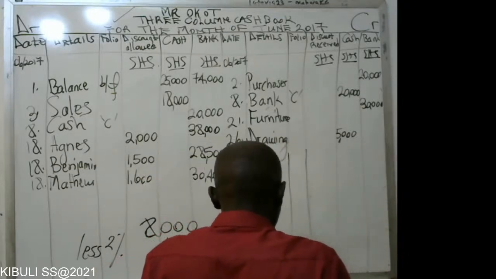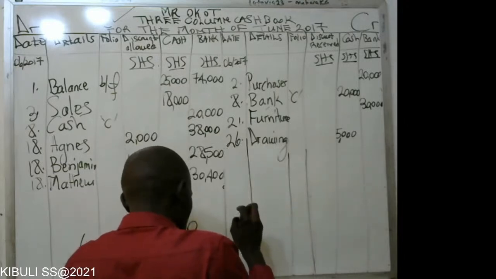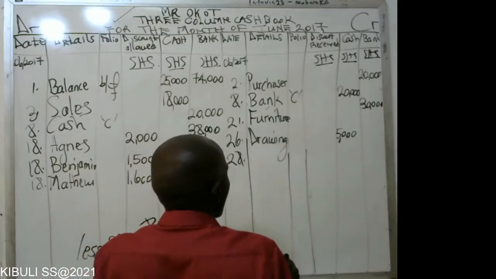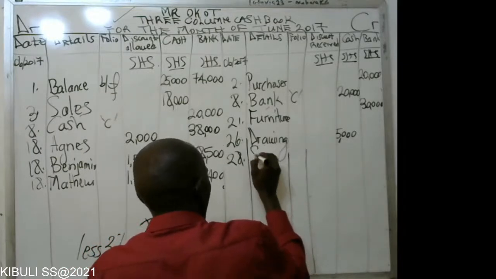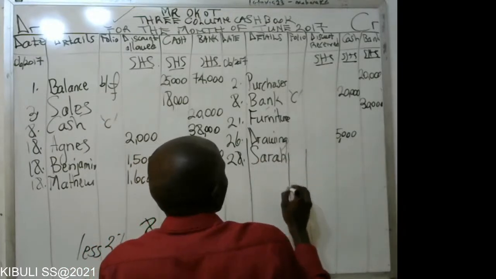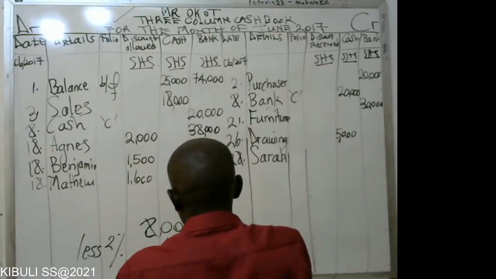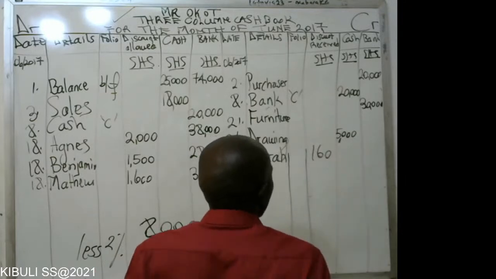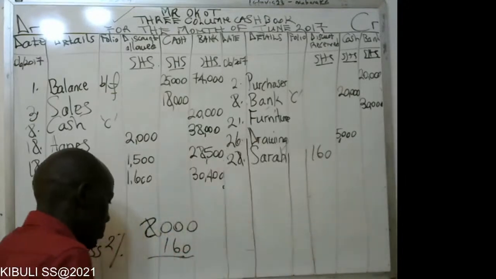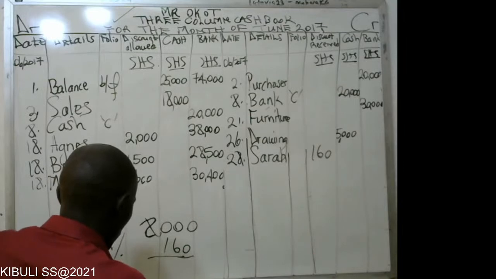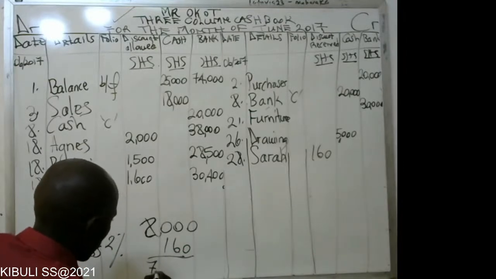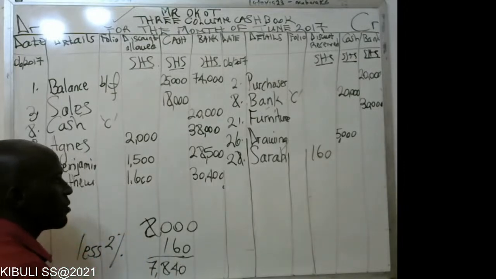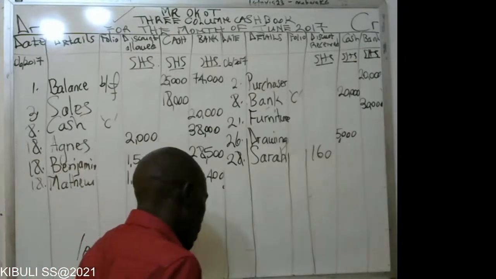So you come and record on 28th. We are paying Sarah. Discount received 160 shillings. So how much do we actually pay Sarah? If you subtract, you remain with 7,840.